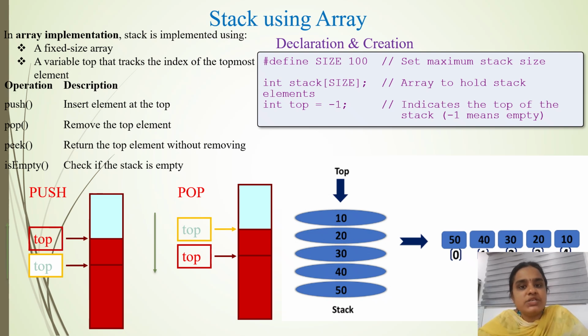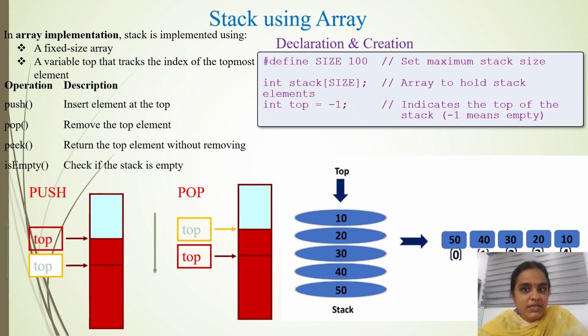Initially top is set to -1. You have to write the code top equal to -1, which indicates the stack is empty. So we declare something like this. The stack is the container where all our elements will go, and top tells us where the last inserted element is.